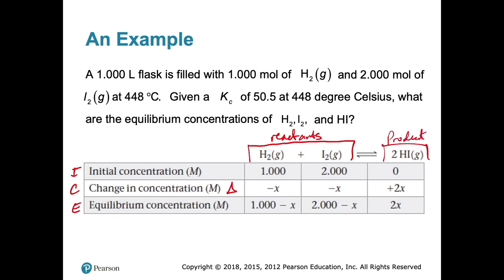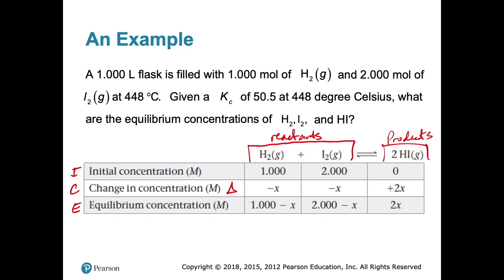And you do what you did before, where you fill in what you know. So initially, 1 goes there for the initial of hydrogen gas, 2 goes there for the initial of iodine gas, and then 0, because nothing's happened yet, goes there for hydrogen iodide gas.